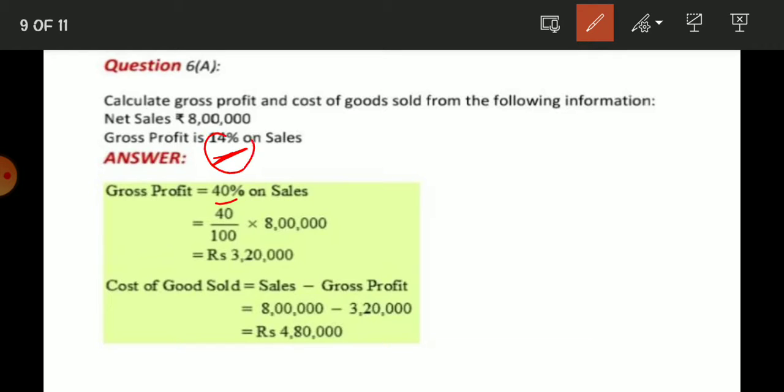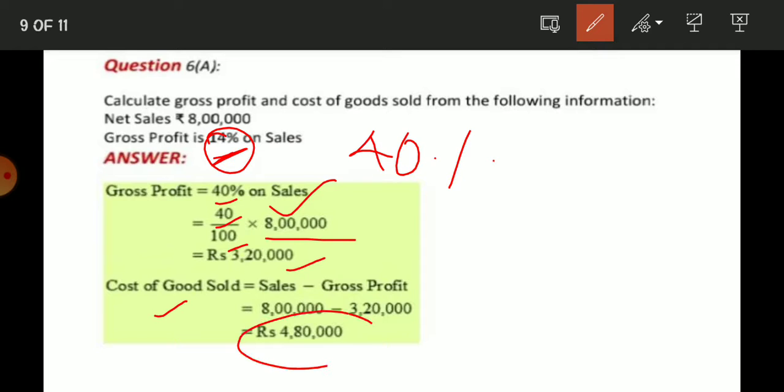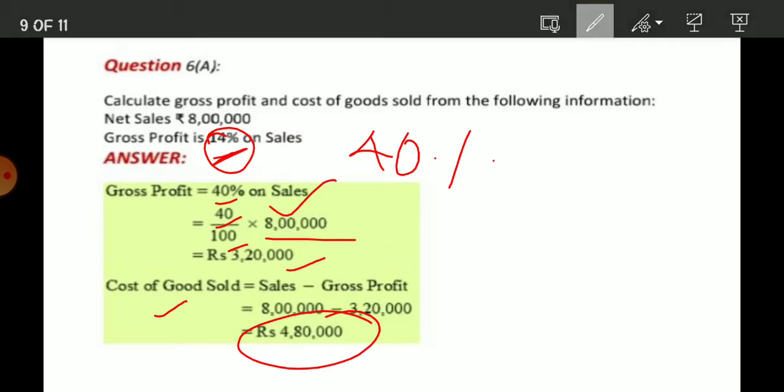So 40% on sales will be gross profit. 40 upon 100 multiplied by the net sales, so the gross profit will be 3,20,000 and the cost of goods sold will be 4,80,000. Quite simple.